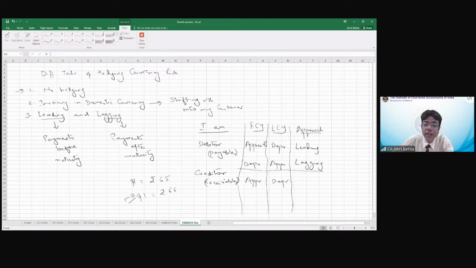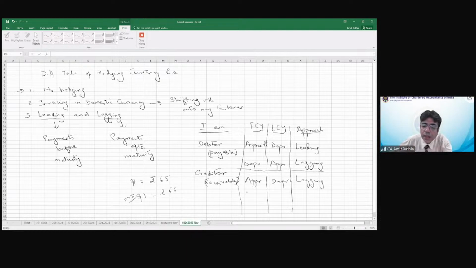Now remember, I have a receivable. Foreign currency is expected to appreciate, so $1, which is 65 today, will become $1 equal to 66 by the due date. So in that case, as a creditor, what is beneficial to me? If the amount will be paid on maturity or later. So here I will essentially be happy with lagging, because then my inflow as a creditor will be higher.